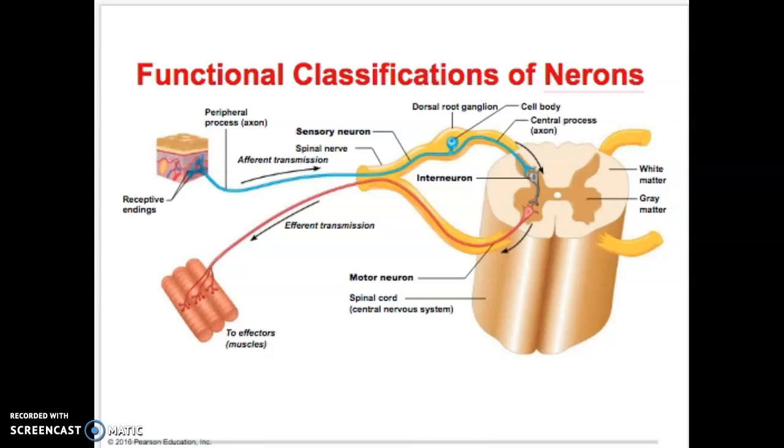All right. So we've kind of gone through neurons, we've gone through neuroglial cells, and I've mentioned a nerve a little bit, but I haven't really talked about what a nerve is. So a nerve is the organ of the nervous system. The brain is an organ as well, the spinal cord is an organ, but the nerves are the organs that are found in the peripheral nervous system.